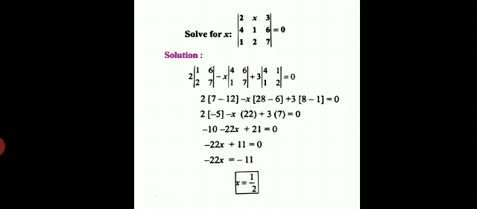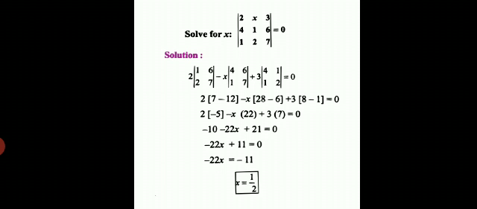We get minus x into, leaving the second column, we get the elements in the first row and the last row, first column and last column, that is 4, 6, 1, 7. Plus of 3, delete first row and third column. You get 4, 1, 1, 2, equated to 0.